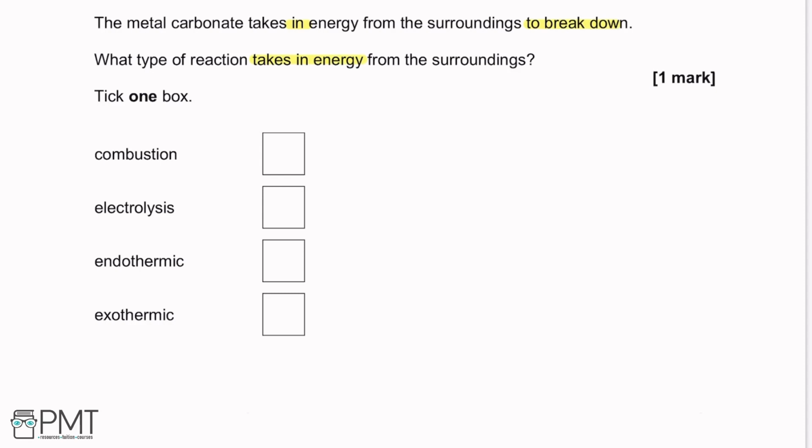Just a bit of common sense would think that if we burn something, we're letting off heat. So it's not going to be that. Electrolysis. Well, electrolysis is when we are splitting up a compound using electricity. So it's not that. So we're left with endothermic and exothermic, which looks promising because thermic means heat.